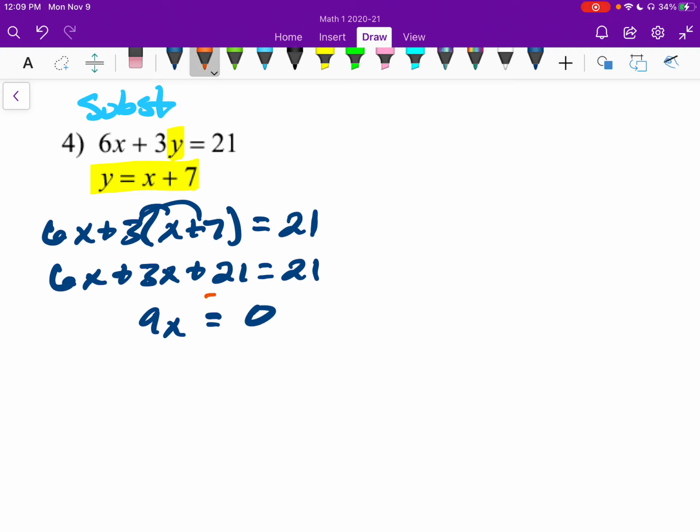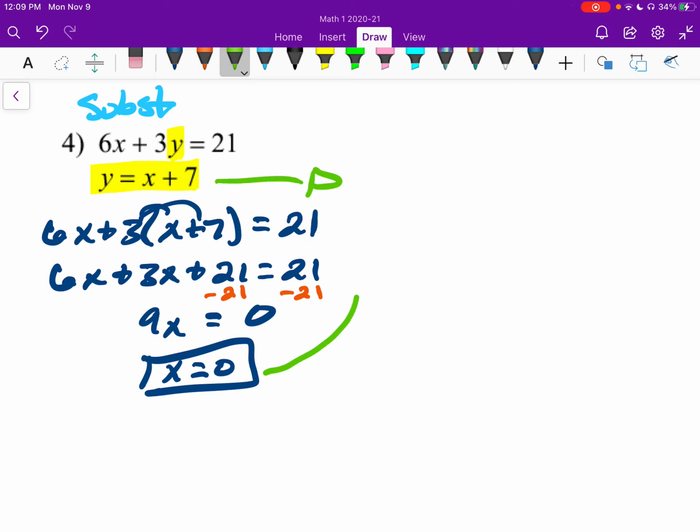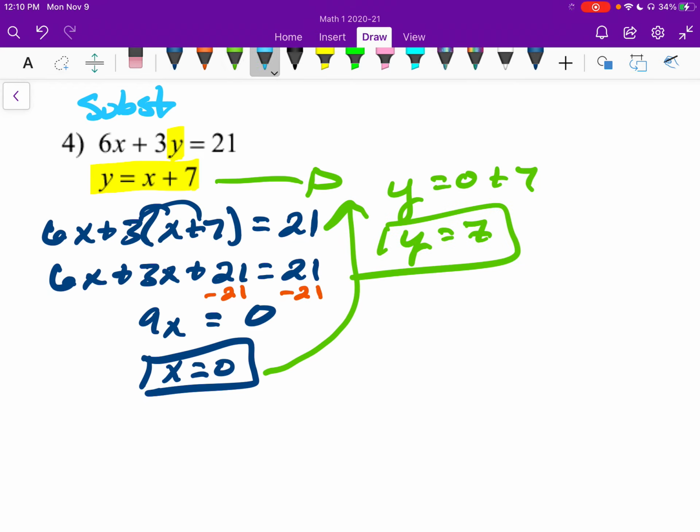I subtract 21 from both sides, and I get 0. I divide by 9, and x is still 0. I plug into the bottom equation, and I say y equals 0 plus 7, so y equals 7. My final answer, my point, is 0, 7.